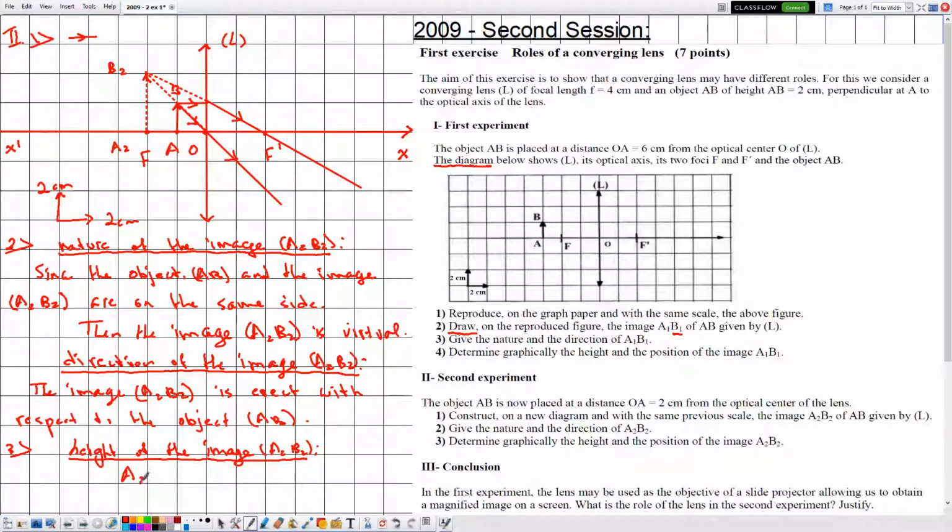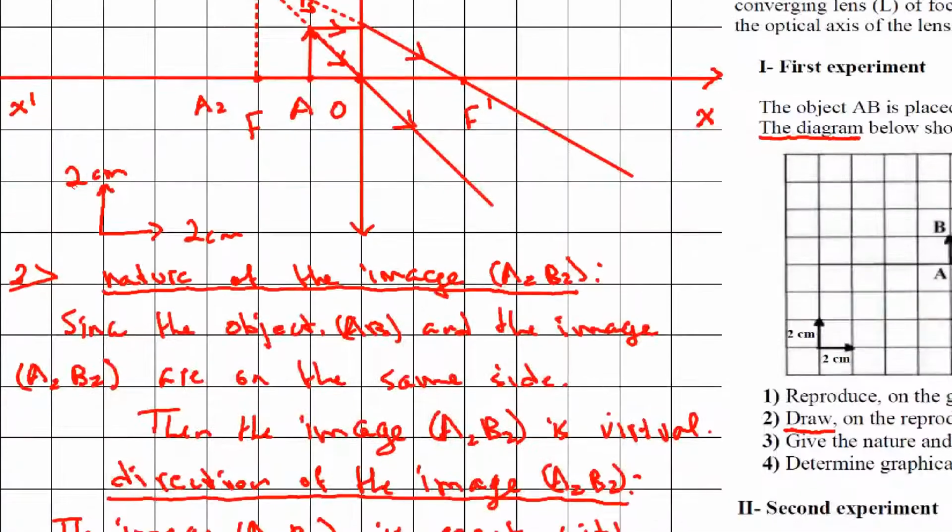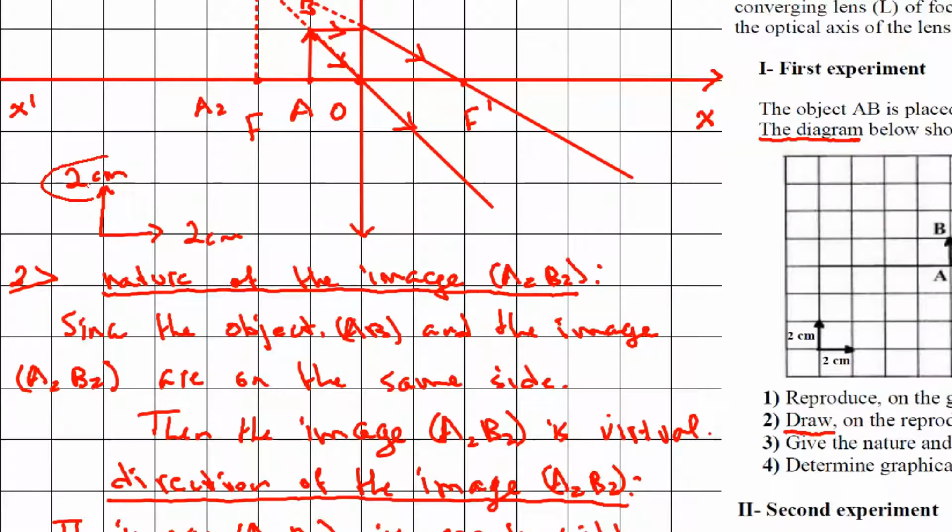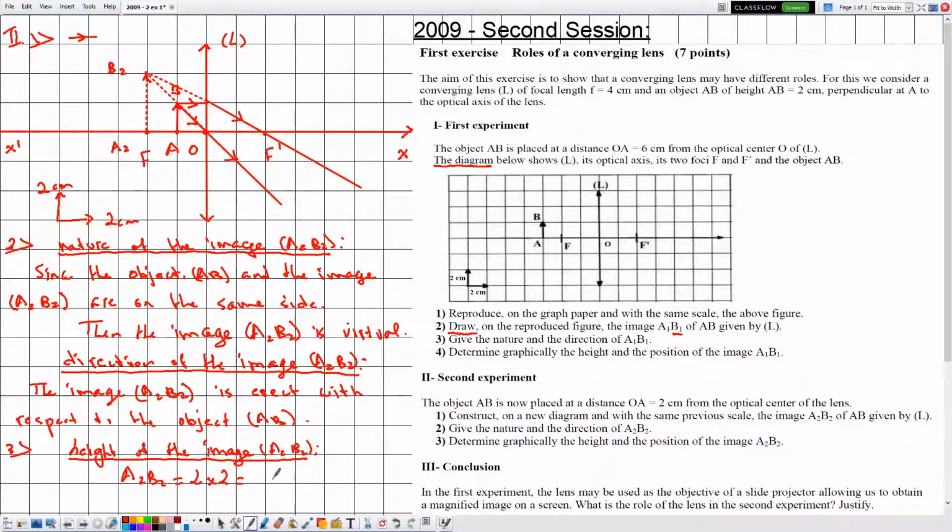A2B2 consists of 2 divisions, and we multiply by the scale along which you have counted the number of divisions, which is the scale along the y-axis. This will give us 4. Since the scale is in centimeters, then the value of A2B2 will be in centimeters. So A2B2 is equal to 4 centimeters. Here, before I erase this, let me write down that the nature is virtual in the second experiment.